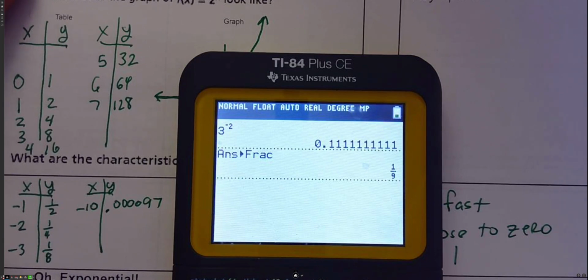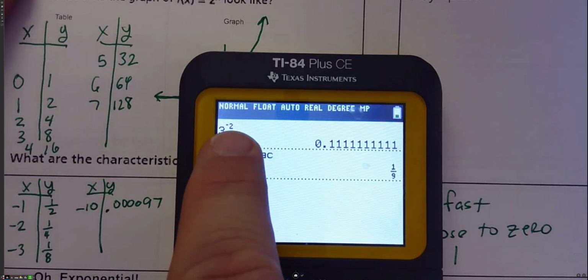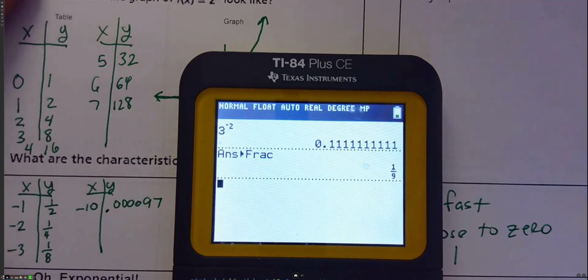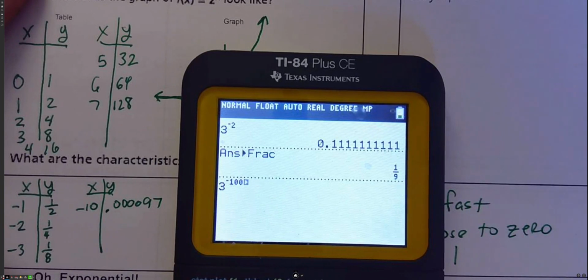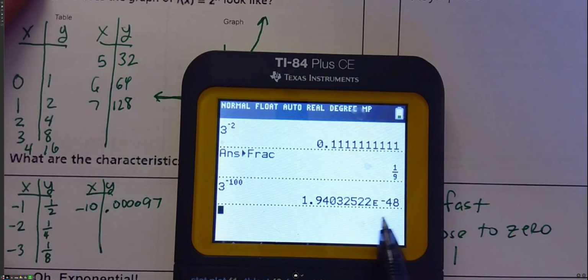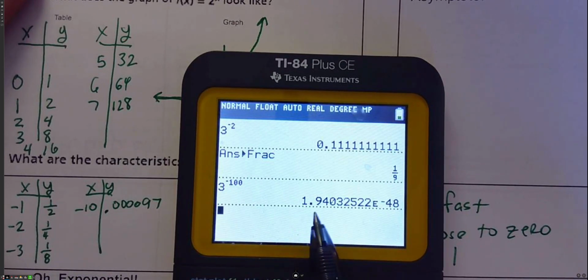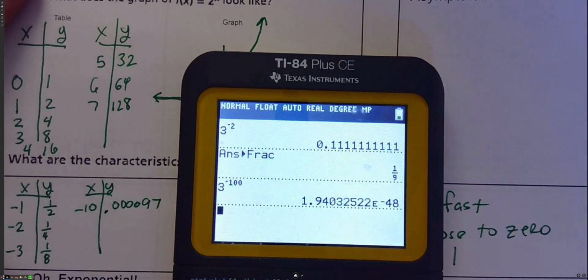We can consider it as a fraction or a decimal, but the point we need to know is that as the negative number gets more negative, like 3 to the negative 100, that's going to be super close to what? 0. This is scientific notation, something we'll learn at the end of the year. It says there should be 48 zeros and then the 1. So this is 0.00000, and I'd have to say that 48 times and then 19. So super small.